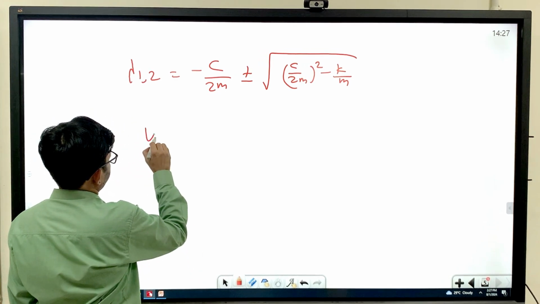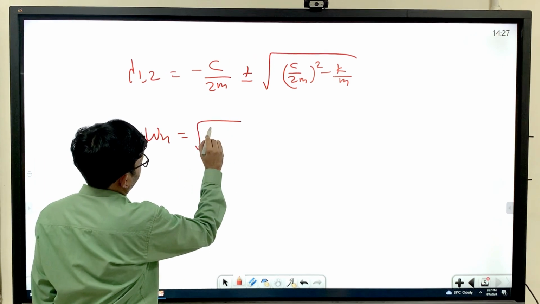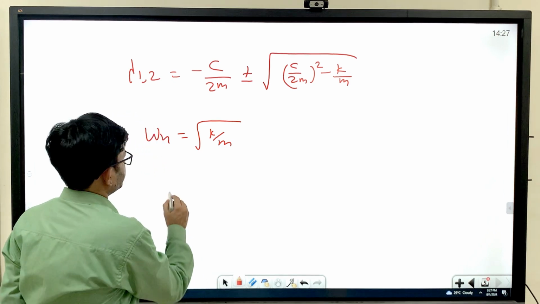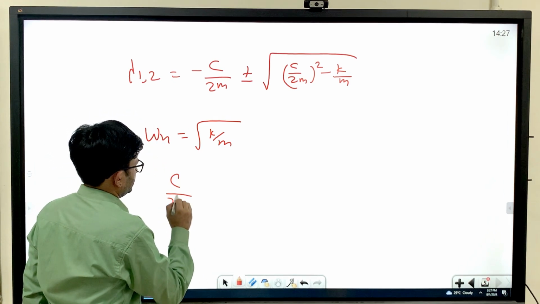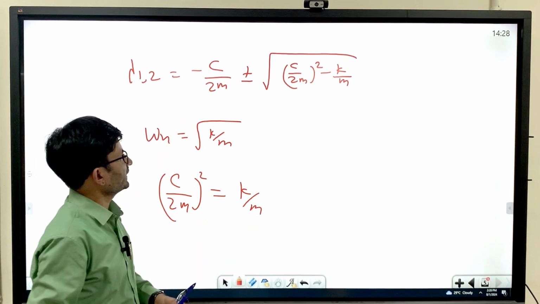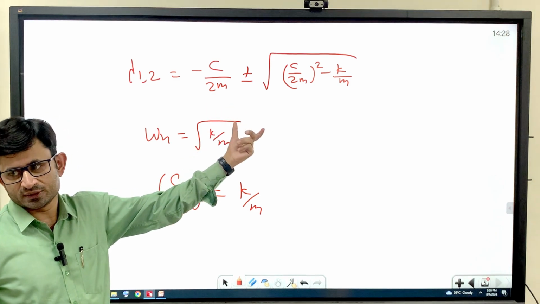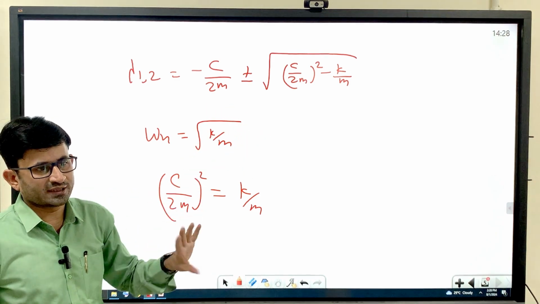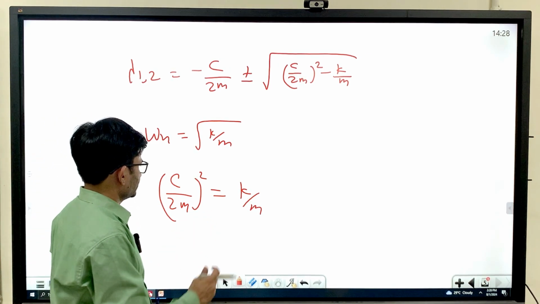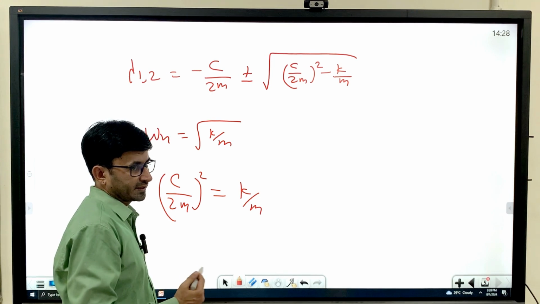What is omega n? Under root k by m, right? If this part is 0, then you have only a real part, no imaginary part. That means no oscillation will be there, right? This condition is called critically damped.